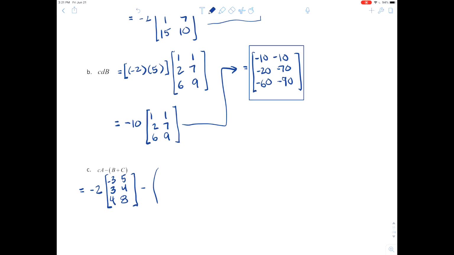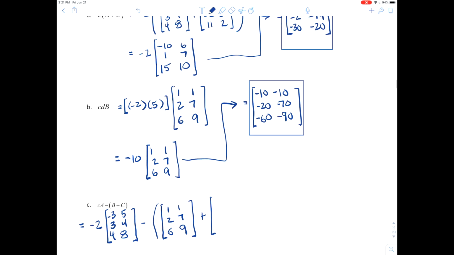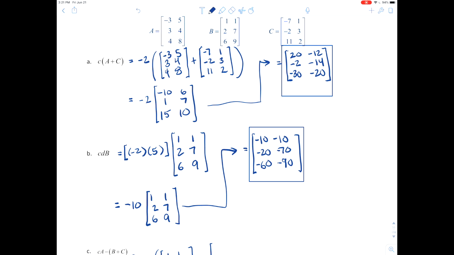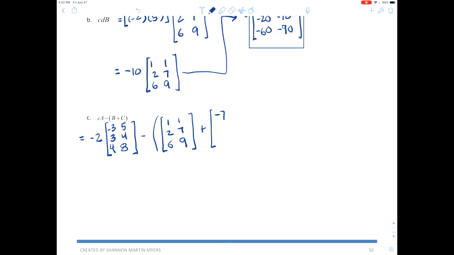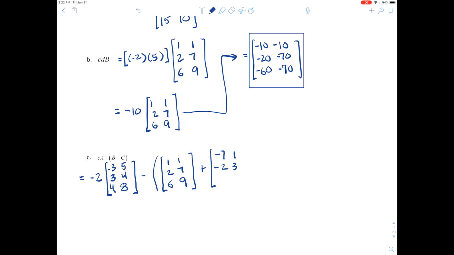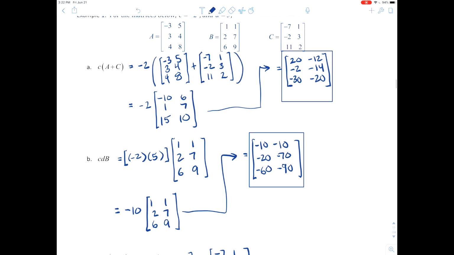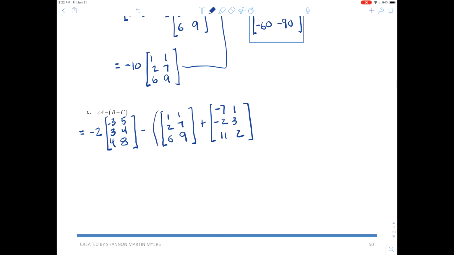So B plus C, this was B, I believe. And C is -7, 1, -2, 3, and 11, 2. I'm just going to double check that I did matrix A correctly. Yep. All right. So here we go.